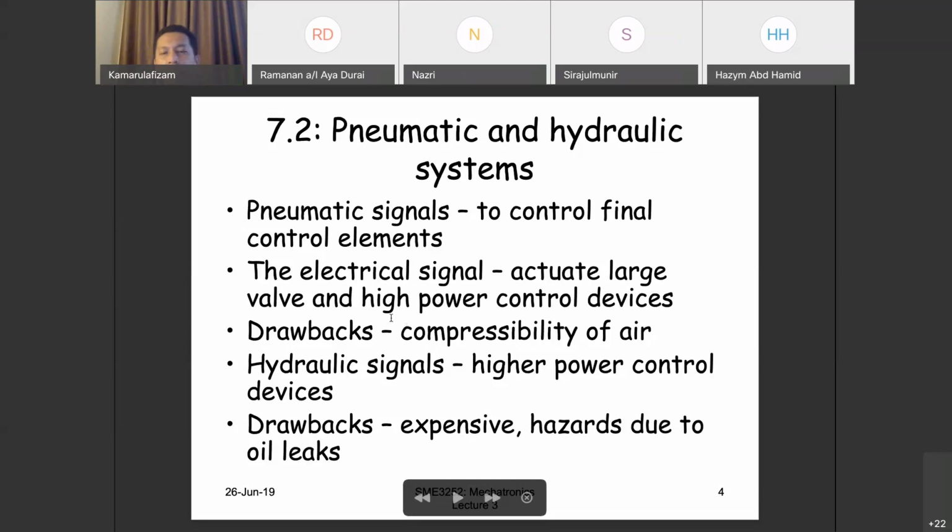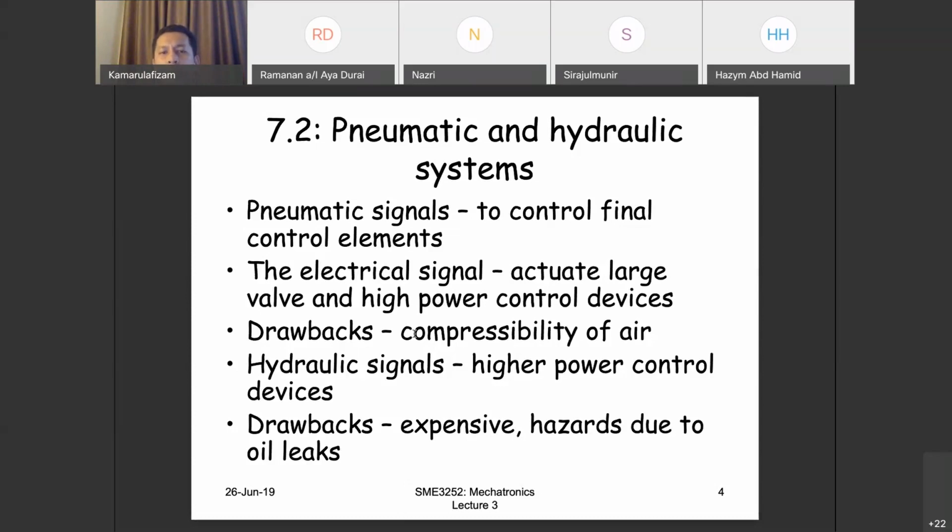Now there is a dimension here. When it comes to pneumatic, you have some drawbacks. In pneumatic you have to work with transporting air from one place to another, and for that you have to work with air pressure.